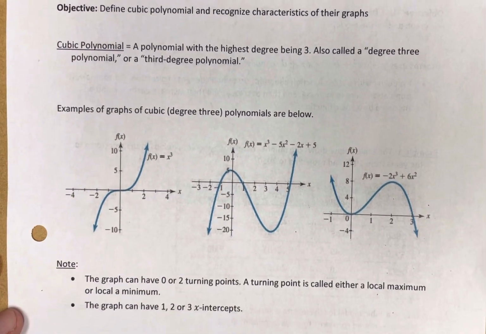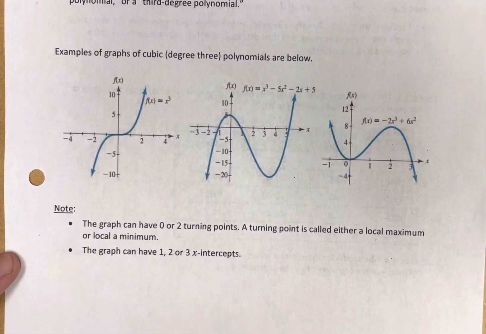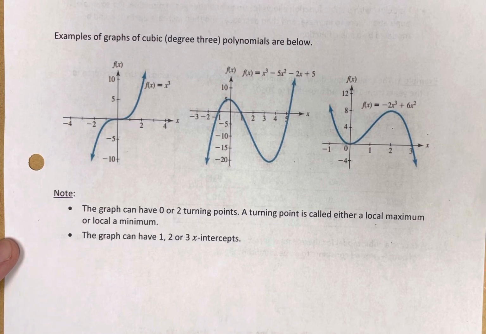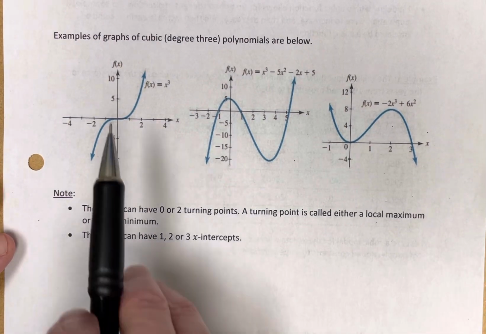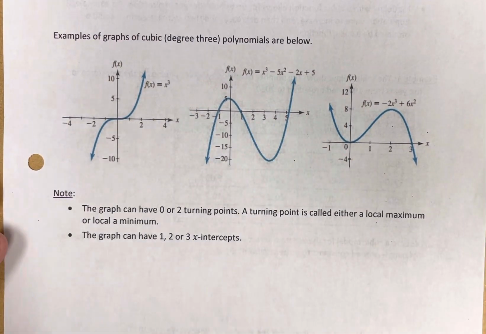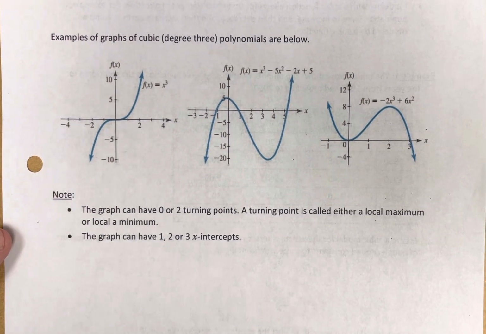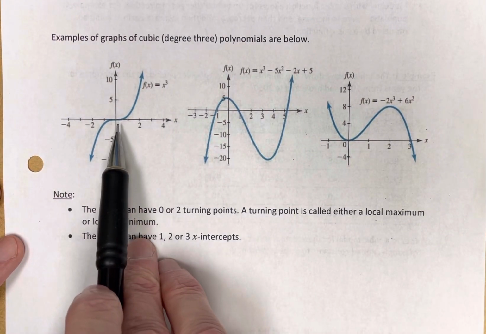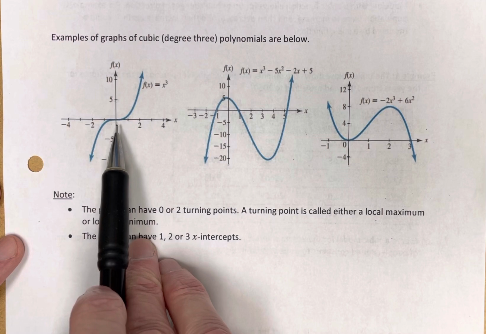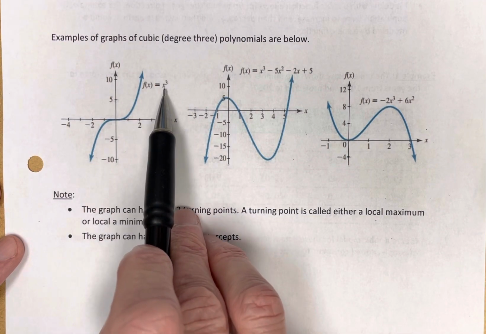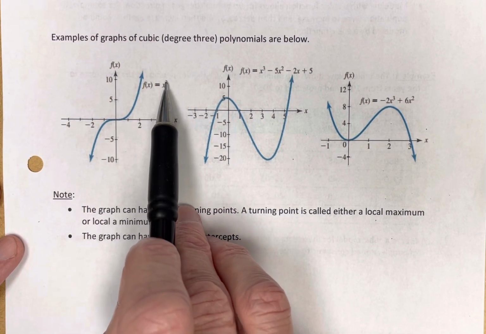So now let's quickly recognize some characteristics of their graphs. I've got 3 examples here of degree 3 polynomials, cubic polynomials. The first graph is the parent graph, which is y equals x cubed, x to the third power.